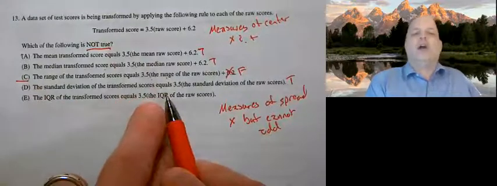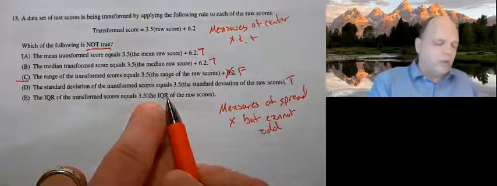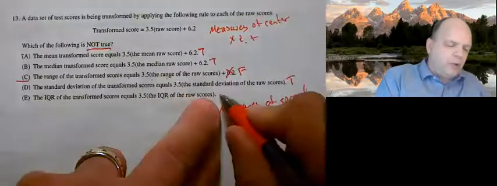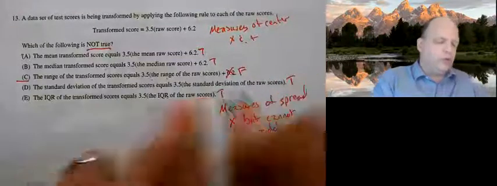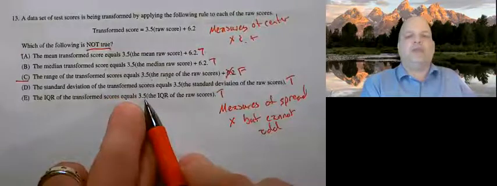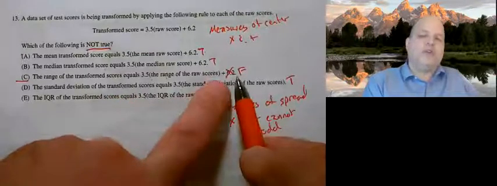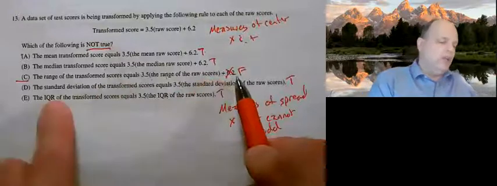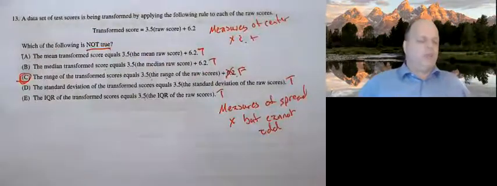And IQR is a measure of spread, Q3 minus Q1, the interquartile range. If they'd had a plus 6.2, this would have been wrong, but they don't, so this is also true. Because you can multiply measures of spread, you just can't add them. The problem with this one is they tried to add a constant, and you cannot add a constant to a measure of spread. So the answer to number 13 is C.